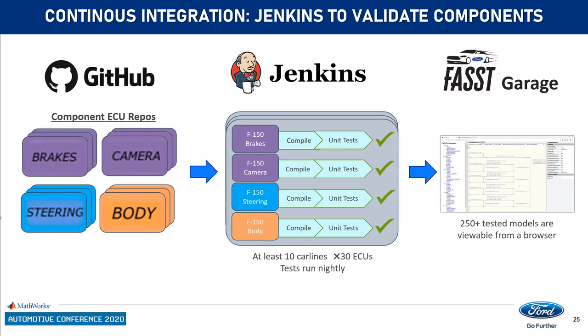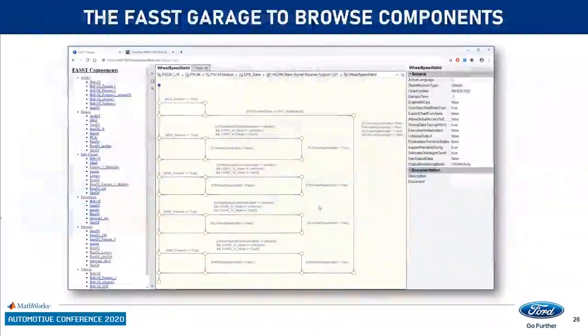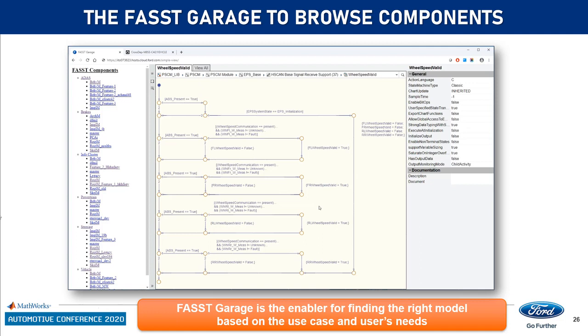This allows us to view component models online from a browser, thanks to the MathWorks web view functionality. And so I'll show a brief video of a very simplified interface of the Fast Garage to show how we help engineers discover the models and go through the different fidelities to see what they might need for their system model.